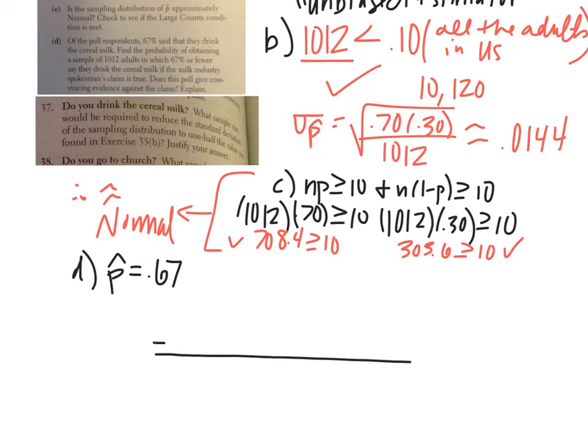The whole reason we wanted to figure out the mean and standard deviation is so we could apply it to the normal curve. And since this is normal, I can actually find what I need to find. So remember, whenever you do a normal curve, you put the mean and then the standard deviation here.